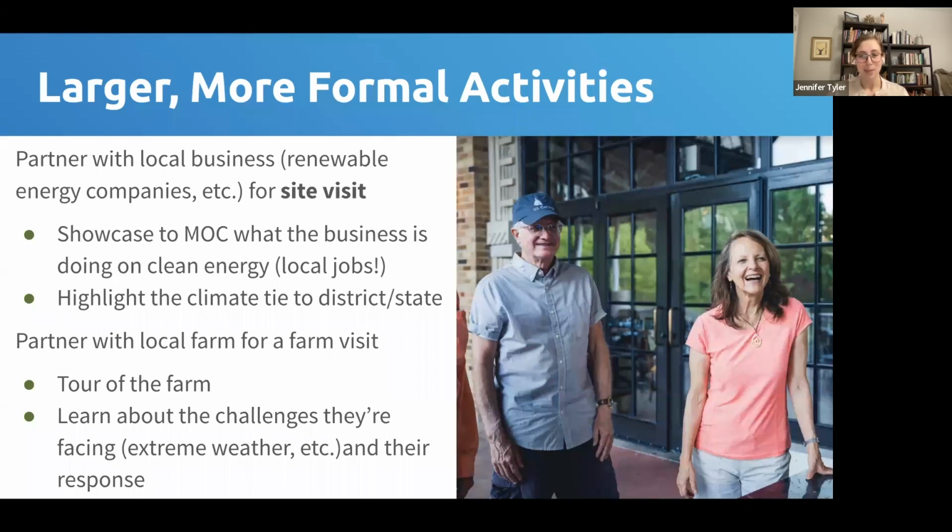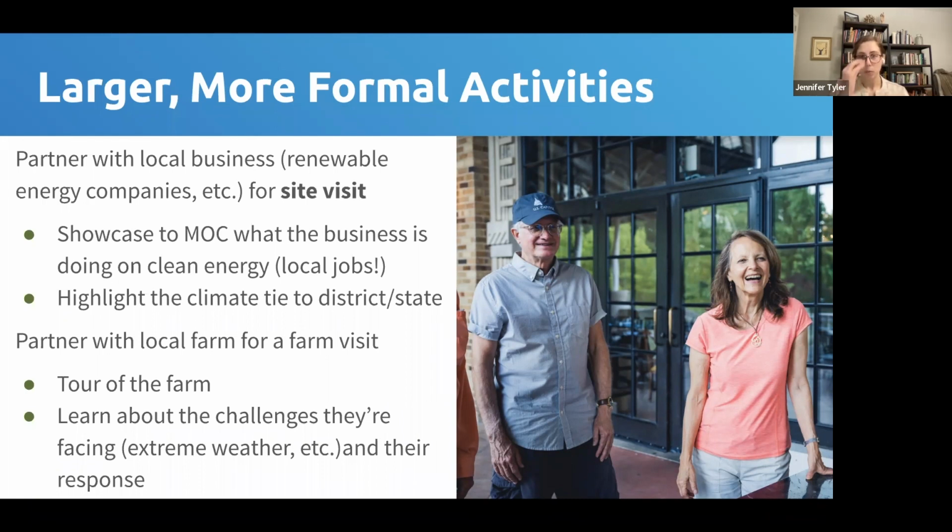We'll probably get into some extreme weather challenges and things like that we can easily tie back to climate. But again, it's a nice, less formal setting where we can engage and interact with that member of Congress. And in this case, highlighting a district business, a district jobs issue, or a district component like agriculture to pique that interest a little more.